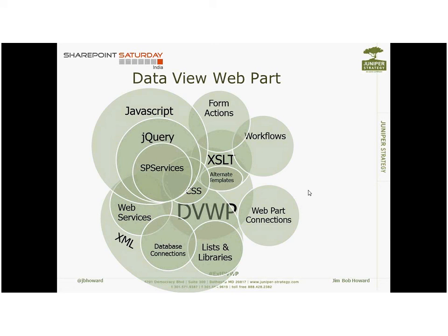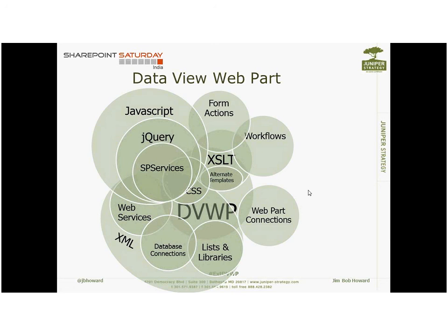Another, and I only have a slide for this, one of the other things that I love to do with the DataView webpart is to be able to pass in filter data from the query string. It's set up to do that. When you're setting up your filters for your DataView webpart, all you do is you tell it that it's coming from a query string. What's the field that's there, and how do you want it passed into your data?